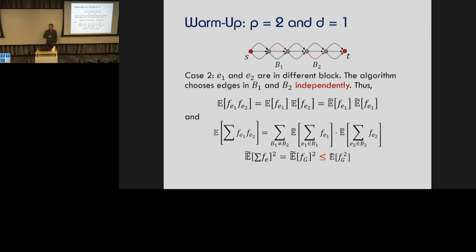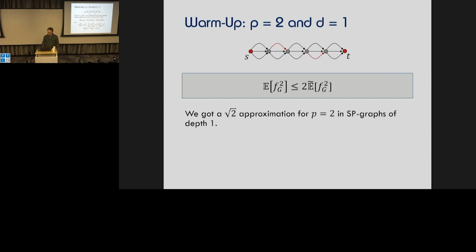But it turns out that this is also true for pseudo expectations, and we use this fact. And so, combining what we got, we get an upper bound. The expectation of f_g squared is at most 2 times the pseudo expectation, and that means that we get a root 2 approximation algorithm.